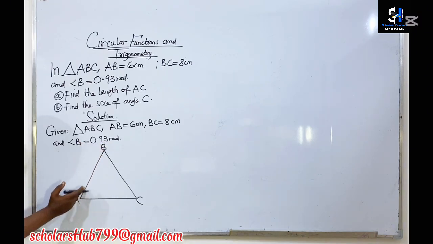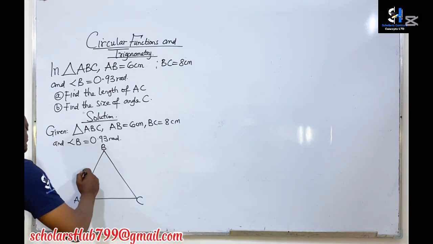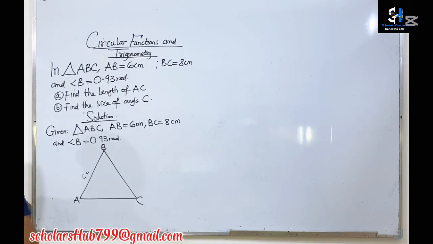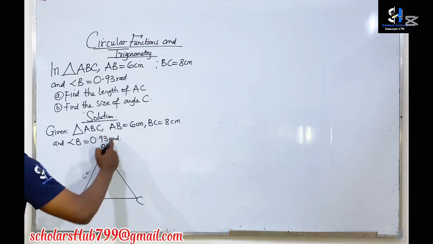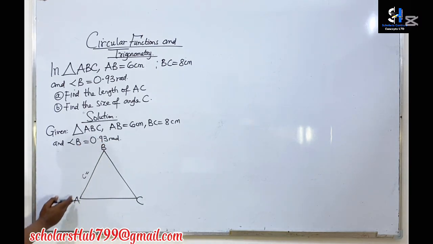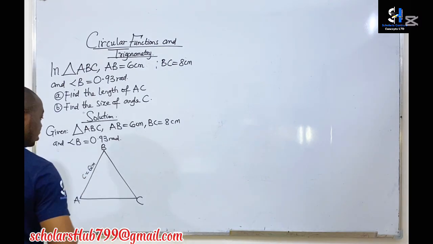We're given side AB, which is the side opposite capital C, so we can designate this side with lowercase c. Lowercase c represents the length of side AB, and that equals 6 centimeters.